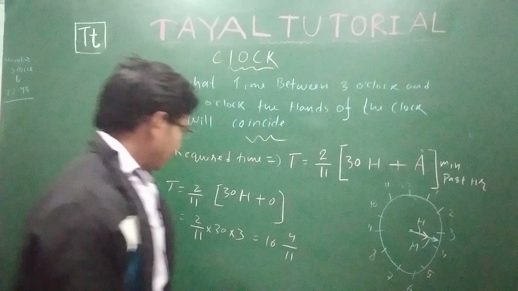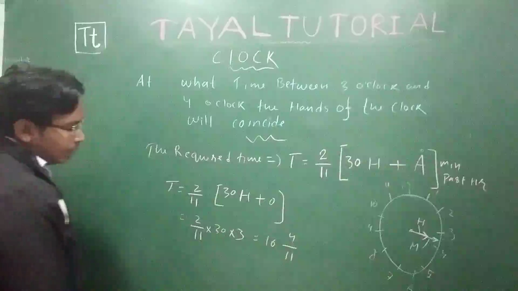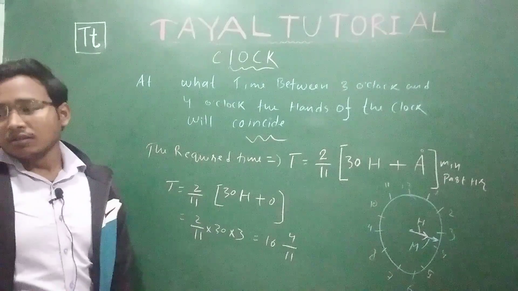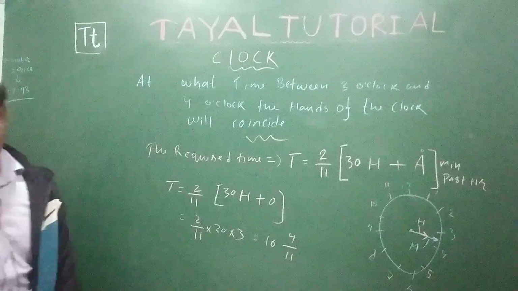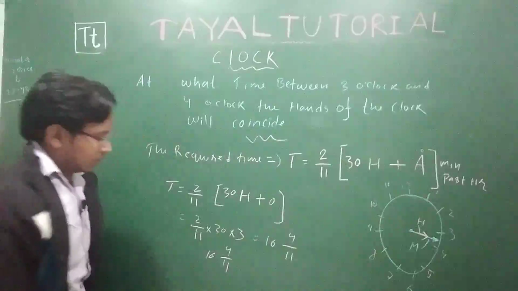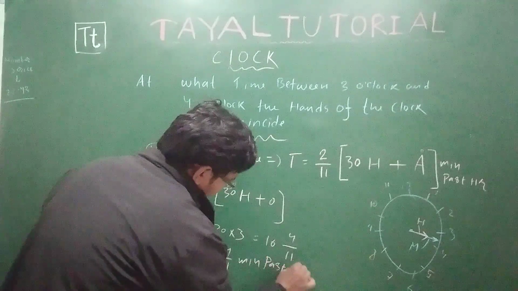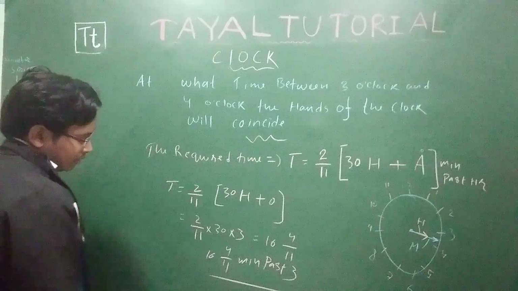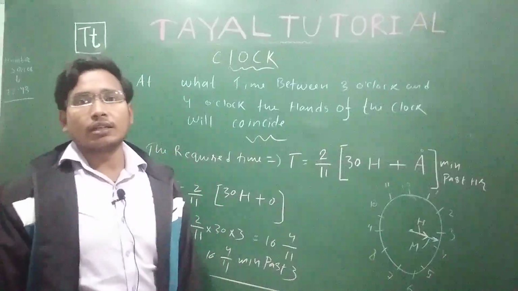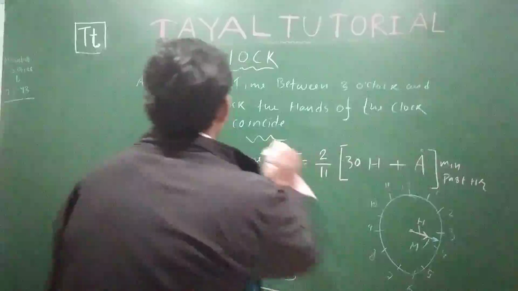So the answer is 16 4/11 minutes past 3. At this time, the minute hand and the hour hand will be at the same location, that is, the angle between them is 0 degrees. So this is the first question. Next, continue.